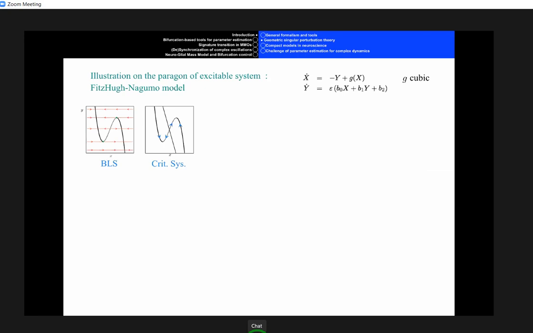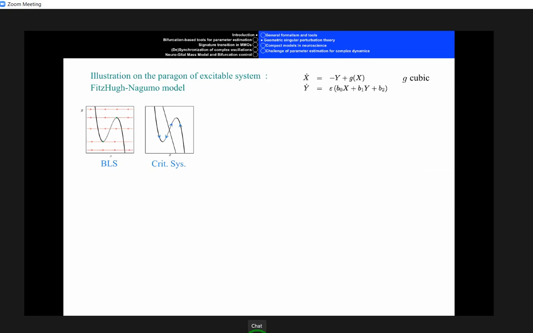As you see here, we can analyze the stability of the singular point given by Y dot equal to 0, meaning Y equal to G of X. This is the cubic that you see. From anywhere you start, for any initial condition, you reach asymptotically a certain attractive singular point.